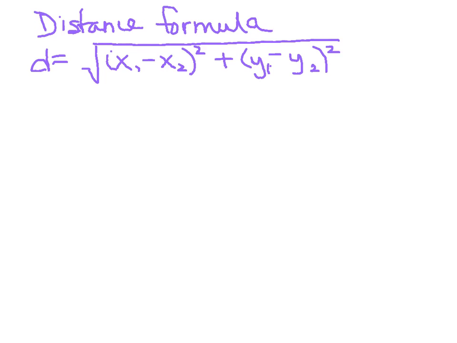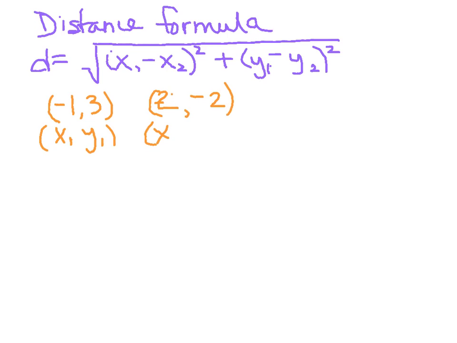So, for instance, if I had the point -1, 3 and, let's say, positive 2, comma, negative 2, I just plug those in. This is x1, y1, and this is x2, y2.